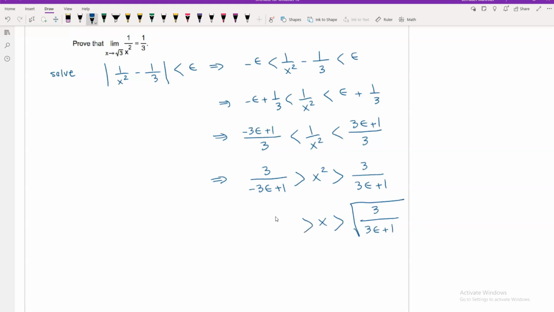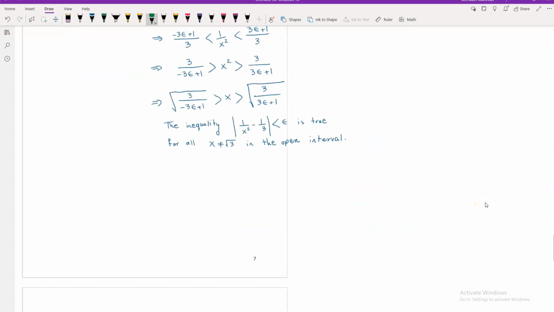And here on the other side, again, square root. So the inequality absolute value of 1 over x squared minus 1/3 less than epsilon is true for all x not equal to square root of 3 in the open interval.